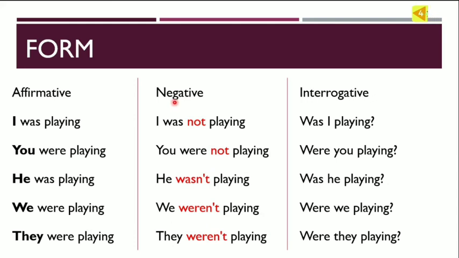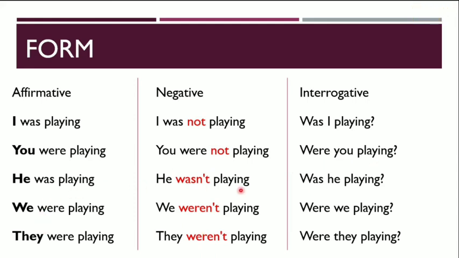And if you want to change the positive or affirmative sentence to interrogative, for asking, you will put the verb to be in the beginning of the sentence. If this is I was playing, it will become was I playing. You were playing will become were you playing.